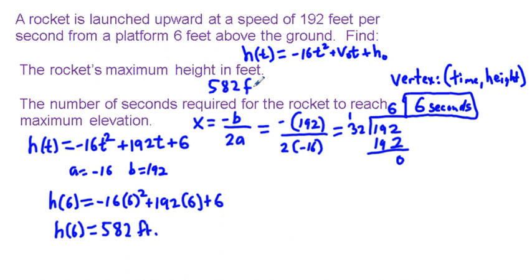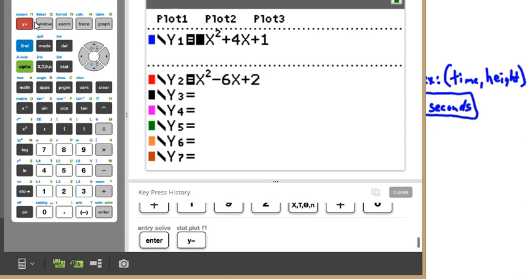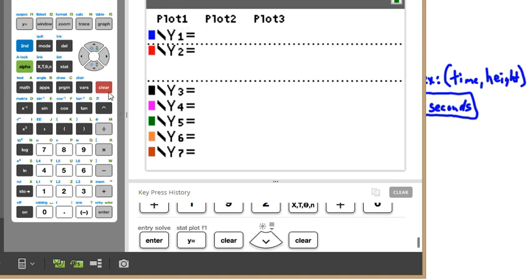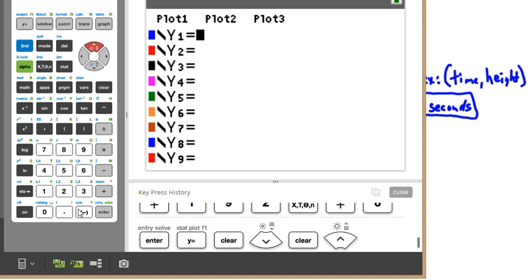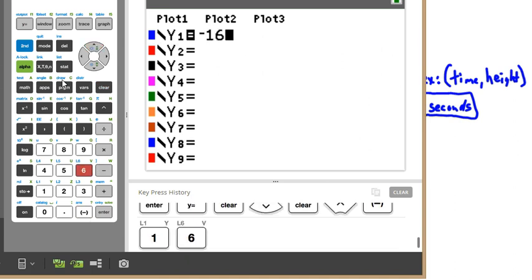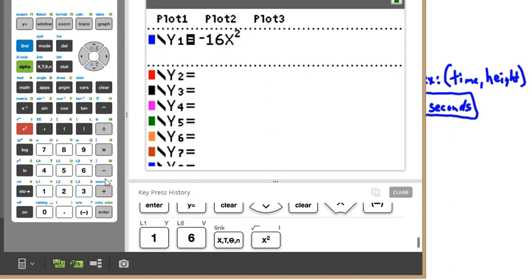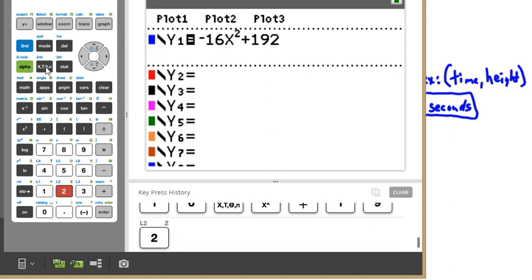Another very easy way to do this: go to your calculator. Go right here. I'm going to clear out these functions. We have negative 16x squared plus 192x plus 6.